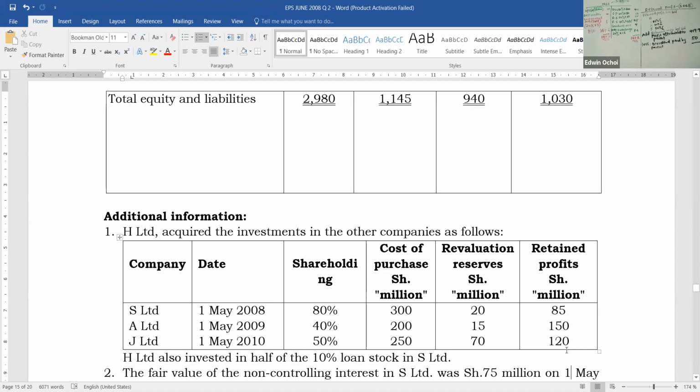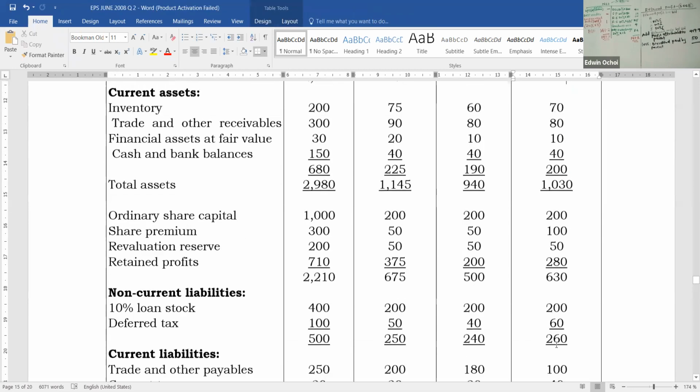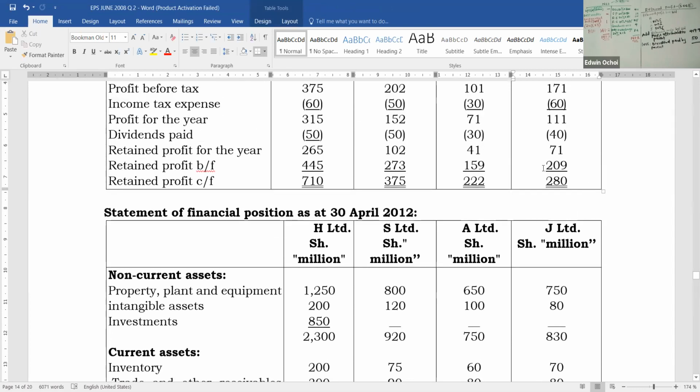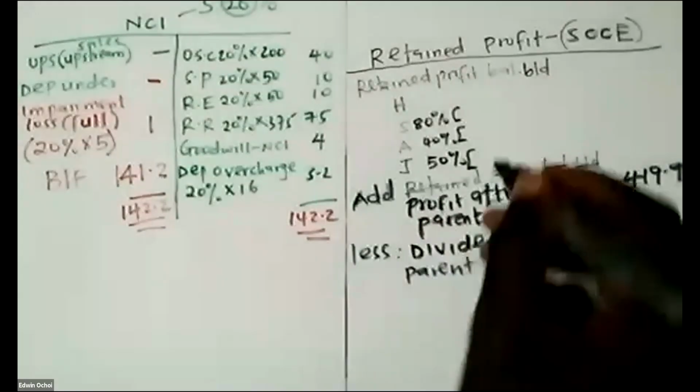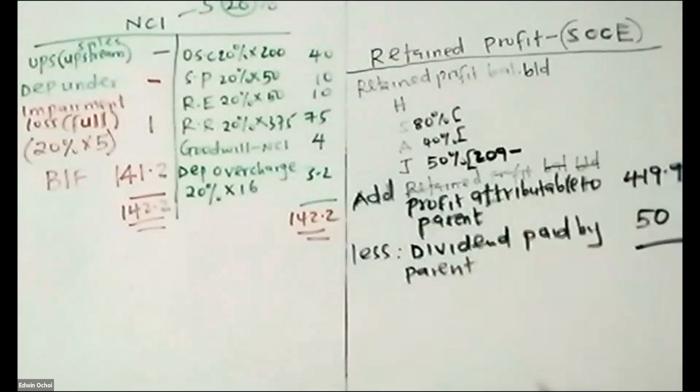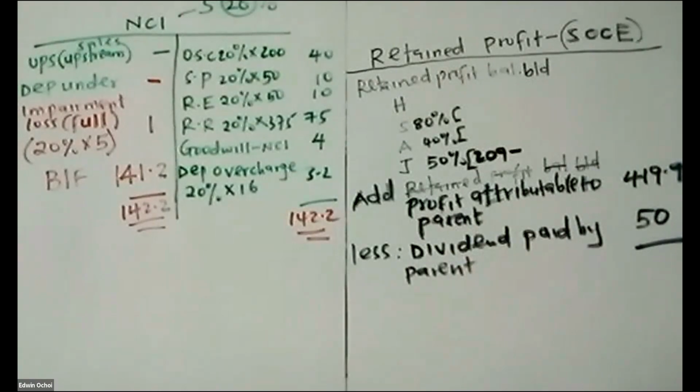So as at the time of acquisition, we have a 120 retained profit which is inside this balance brought forward of the current year. To get the correct retained profit brought forward for the current year, you take this 209 minus the one which was there at acquisition date, 120.